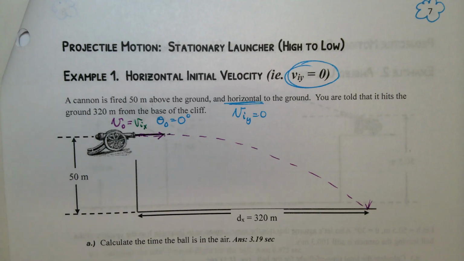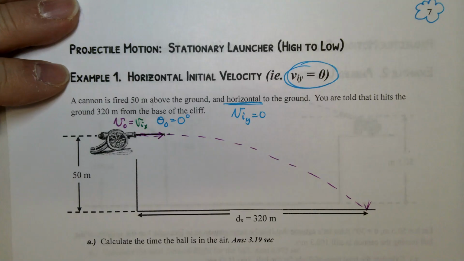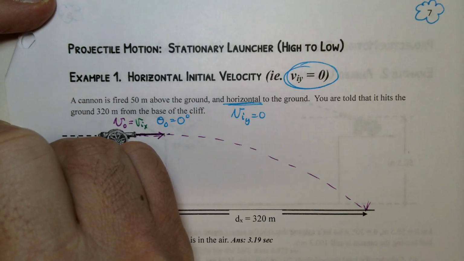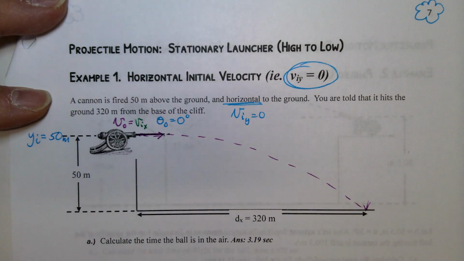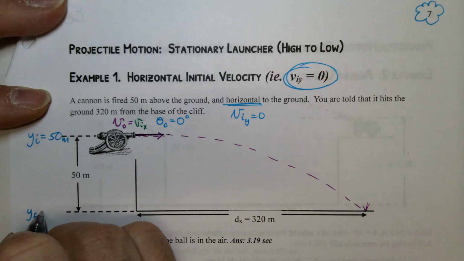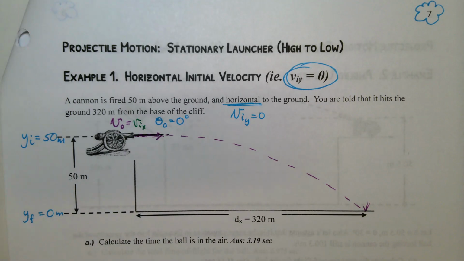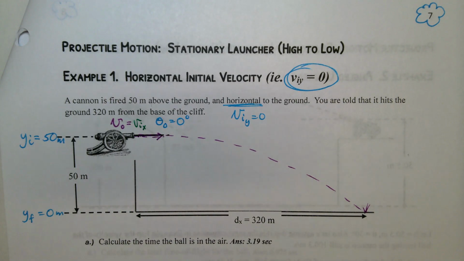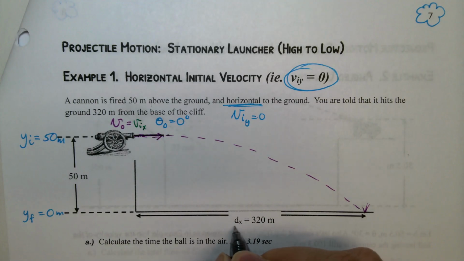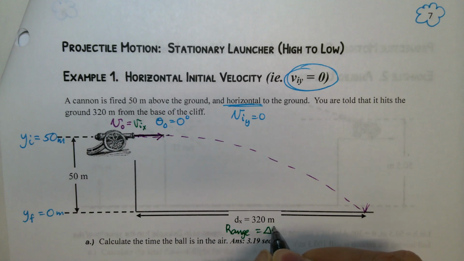So a cannon is fired 50 meters above the ground. So this is your Y initial, and your Y initial is 50 meters. And your Y final happens to be 0 meters. Okay? You are told that it hits the ground 320 meters from the base of the cliff. So this is your range, which is your delta X, which is equal to 320 meters.